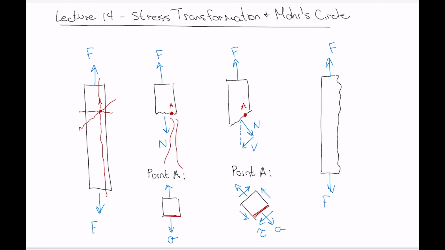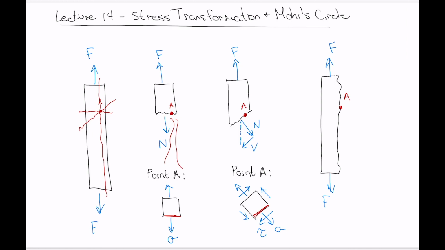Point A is located right there. Your free body diagram is in static equilibrium now, so there's no internal forces. So this drawing says that there's no stress at point A at all. So that's odd.